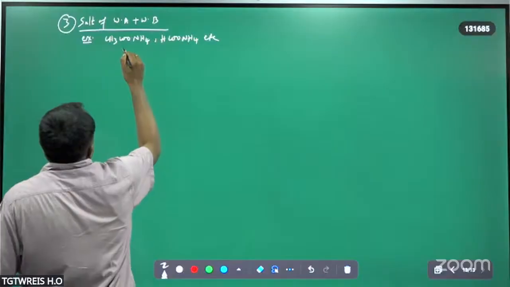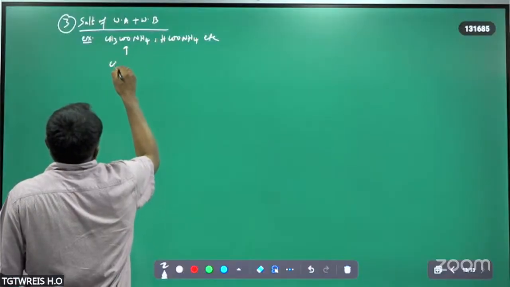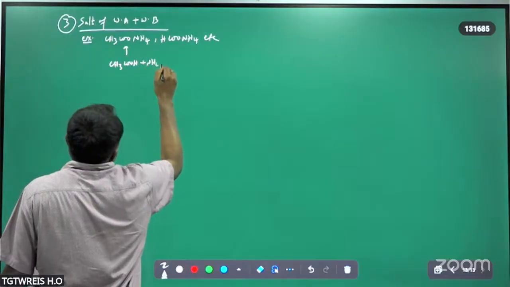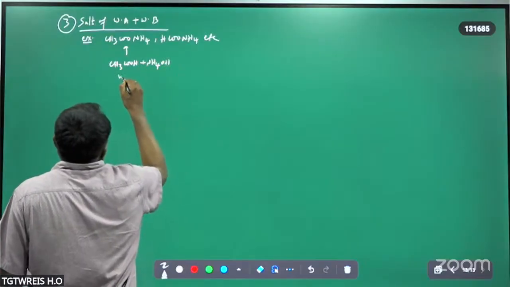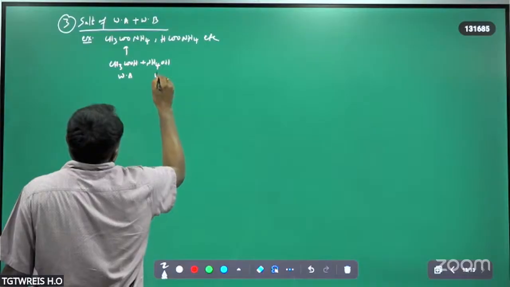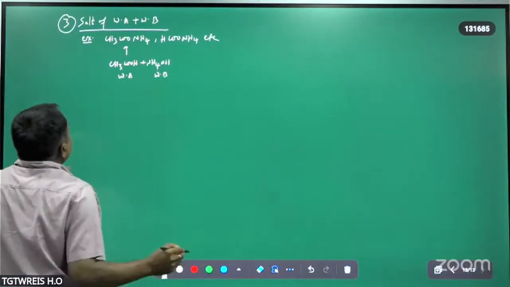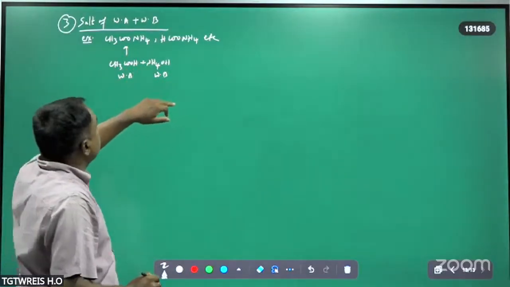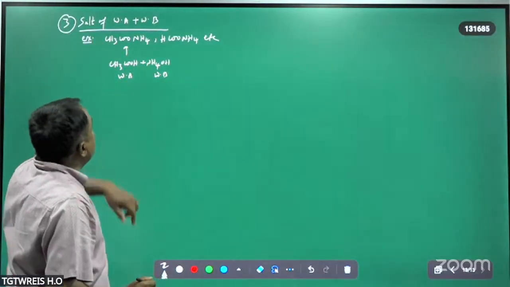This can be obtained from CH3COOH plus NH4OH. CH3COOH is the weak acid, NH4OH is the weak base. By mixing them, you will get CH3COONH4, so it is a salt of weak acid and weak base.